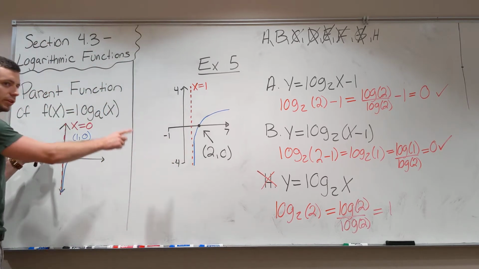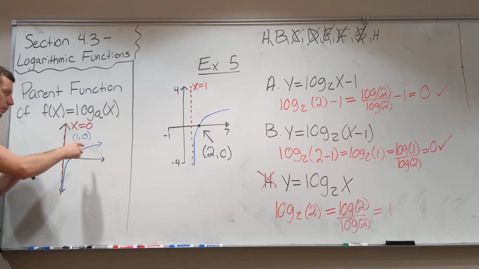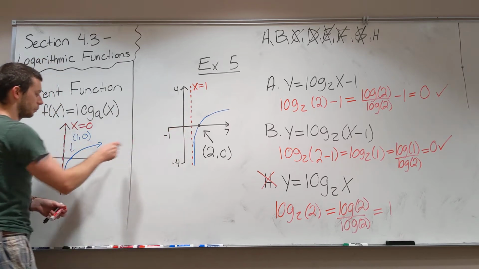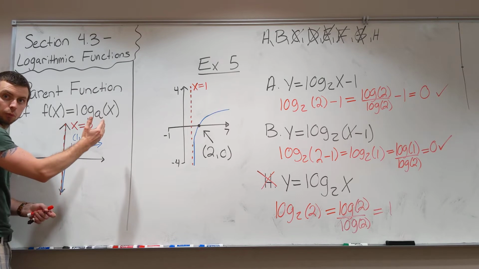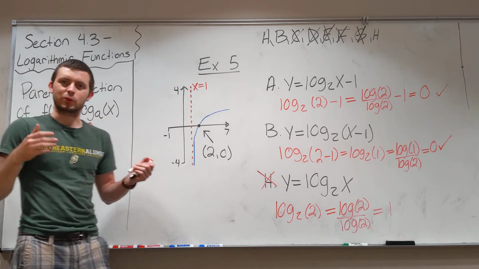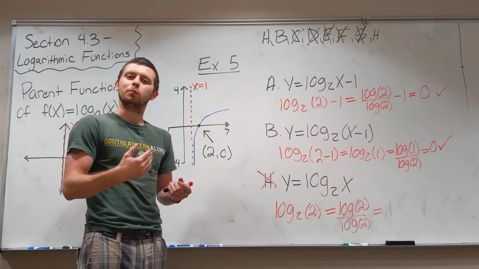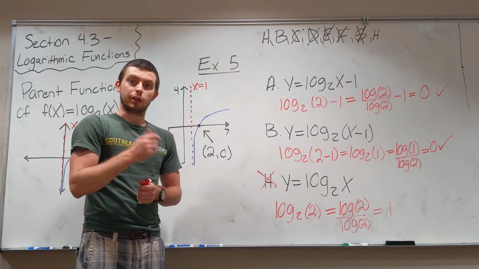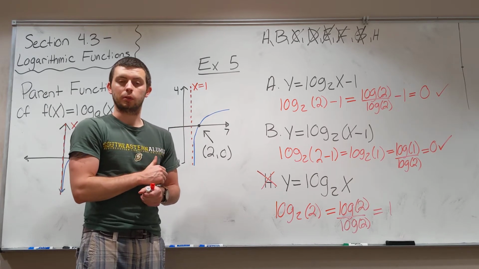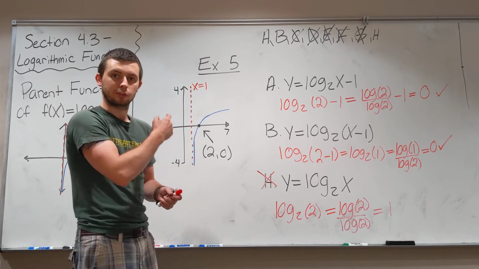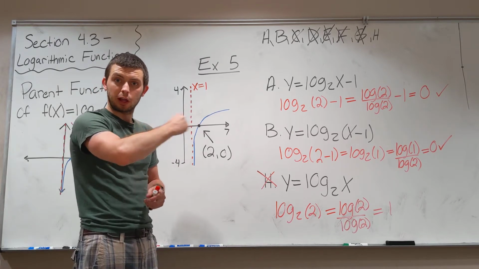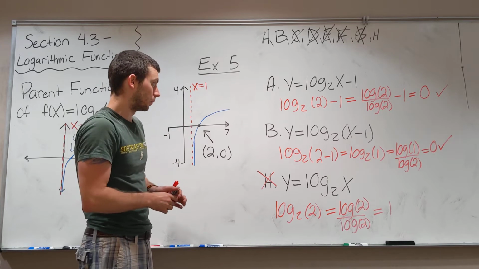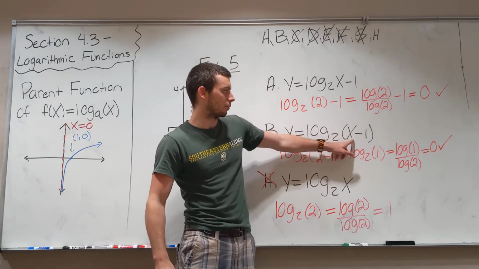The comparison of these two graphs is that this graph is this graph, but shifted to the right one. So do you remember your transformations? What does it mean to move to the right one? Does the number have to be immediately next to the x variable or not? If it turns out to go left and right, the number has to be right next to the x variable. And guess which one of these does that?